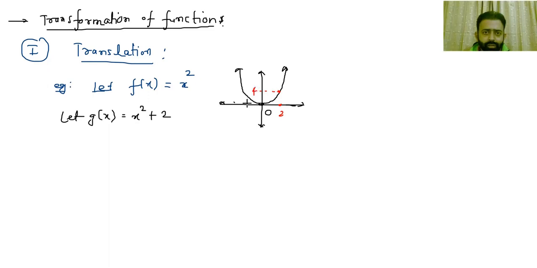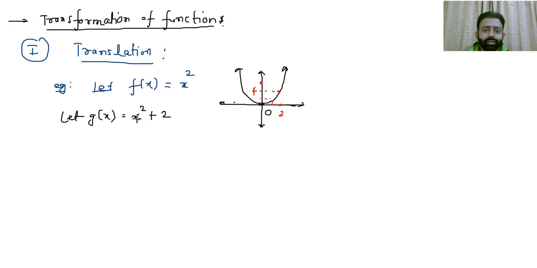In the modified graph, the translated graph, which is g(x), the value of the function at x equal to 2 will be 6 instead of 4. The value of the function at x equal to 1 earlier was 1, but this time it will be 3. At x equal to 0, the value of g(x) will be 2.